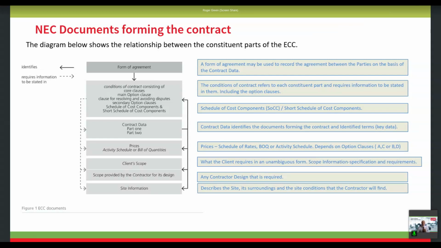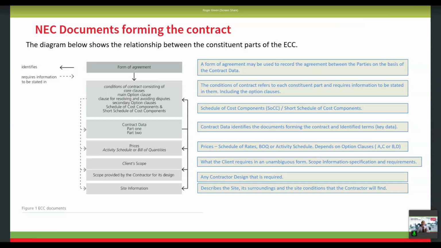Contract data part 1 and part 2 we talked about. Part 1 is supplied by the client. Part 2 is filled in by the contractor. We then have the prices, and depending on the type of contract that you're going for, it's either an activity schedule or a bill of quantities. We then have the client scope, which as a contractor is one of the most important things.